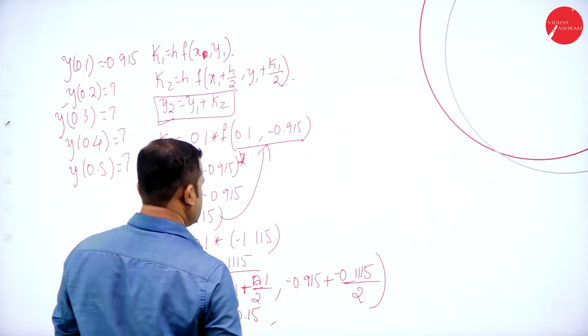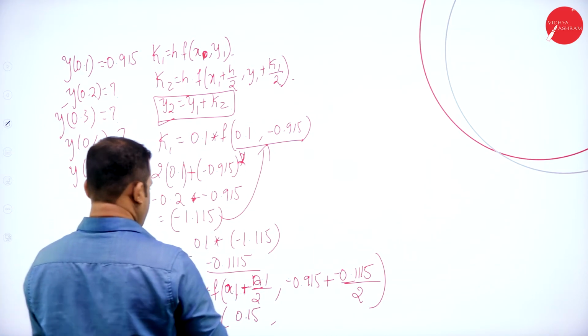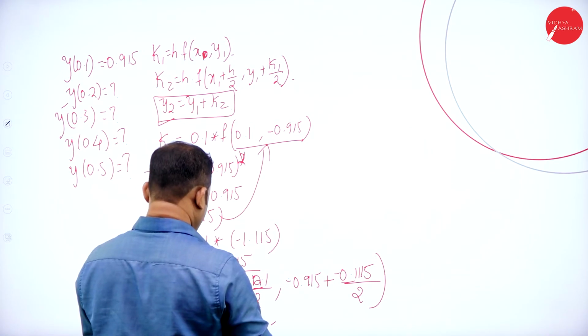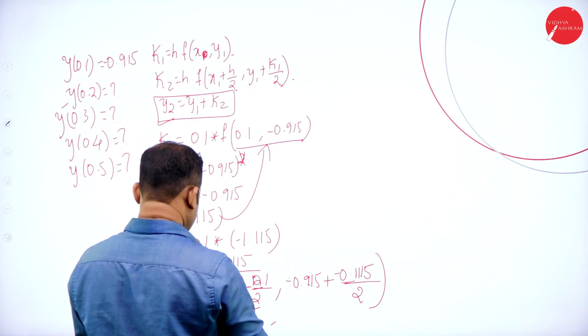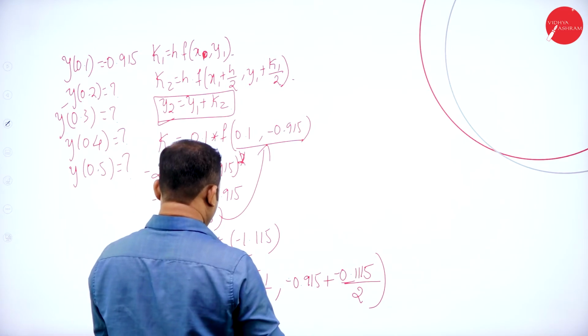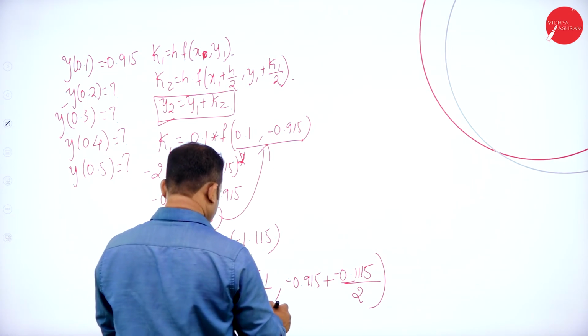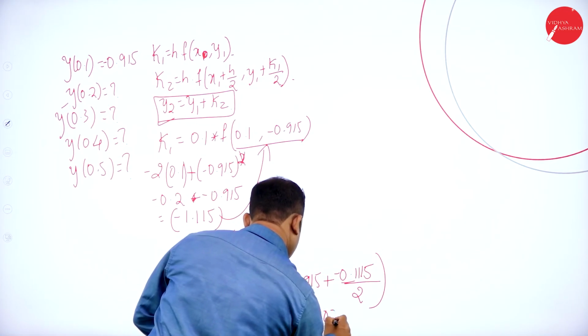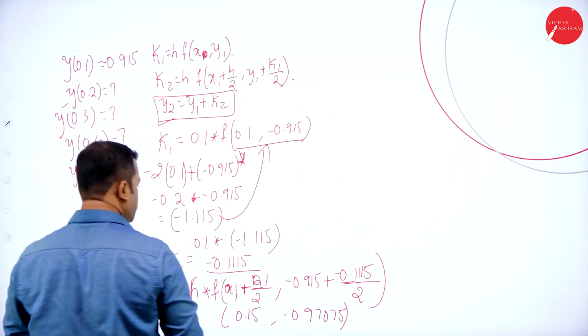If I solve this, divided by 2, that gives me the value which is equal to minus 0.915 minus 0.05575, which is minus 0.97075. This is the value I am getting.